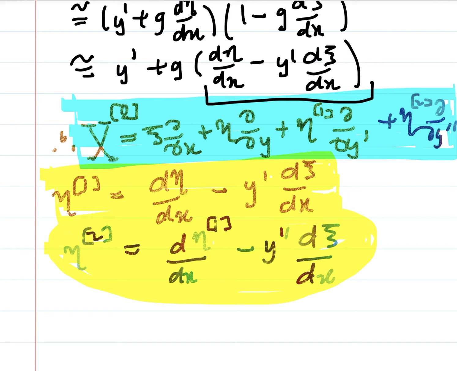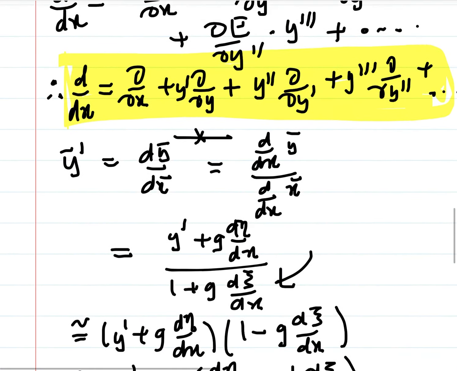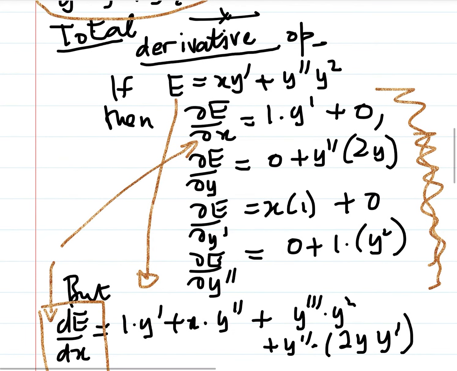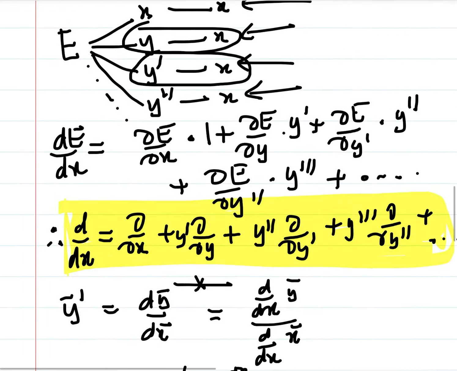We can check which functions are invariant, differential functions that are invariant under these prolonged vector fields. So if I go back to a function of this type, let's consider this function e of x, y dashed, y double dashed, y squared, for example.